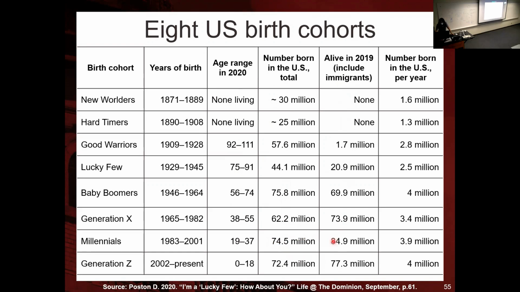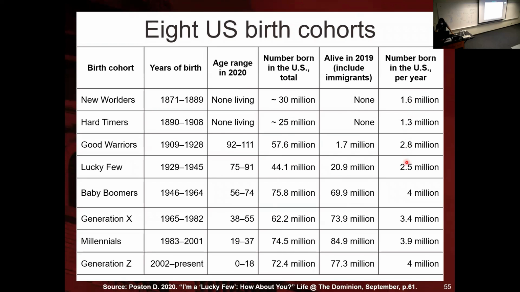That's why this number here is higher for millennials than this one here, because a lot of people immigrated to the US who were born in other countries between these years. And then the number of people born in the US per year.